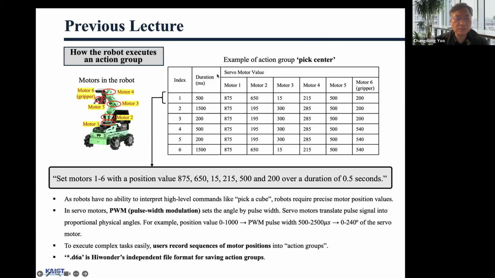This is where it's set. So, for instance, set motors 1 through 6 with the position values 8, 7, 5, 650, 15, and so forth, for a duration of 0.5 seconds. That's the information.